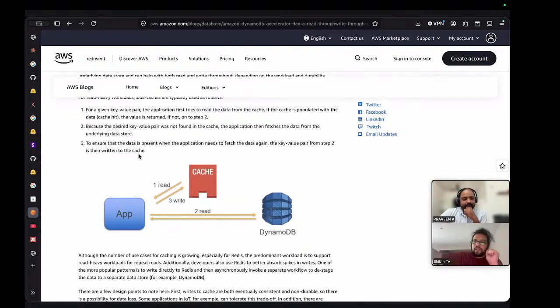If it's a miss, get it from the database or the source of truth, write to the cache also, then return the response. For example, it could be a user profile loaded once from the DB and kept in cache for quick access, like product pages, blogs, and so on.